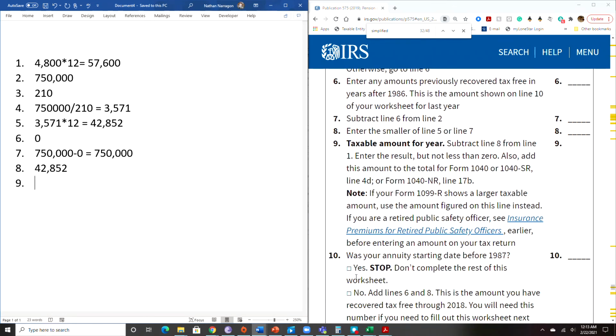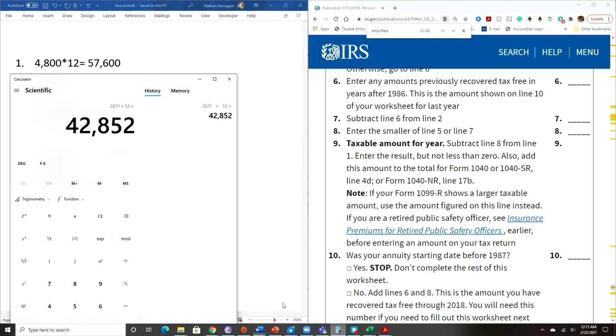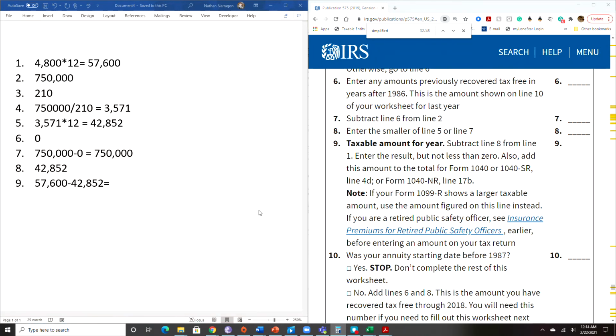Line 9. Taxable amount for the year. Subtract line 8 from line 1. Enter the result, but not less than 0. Okay, so 57,600 minus 42,852 gives us a good amount of only 14,748.